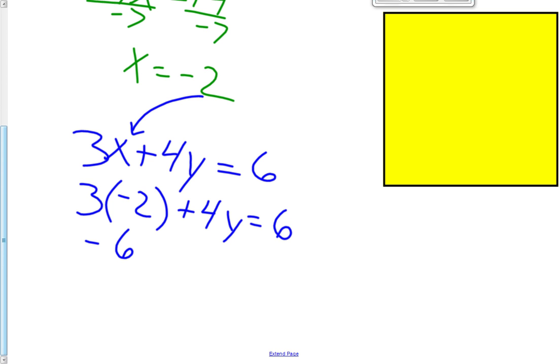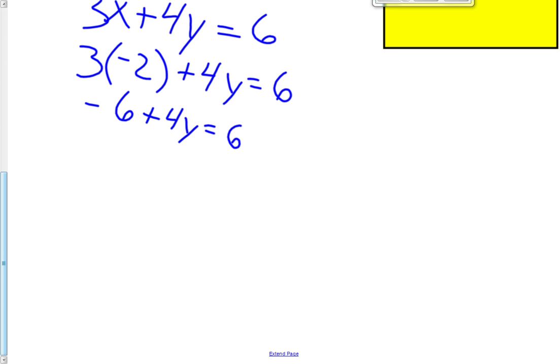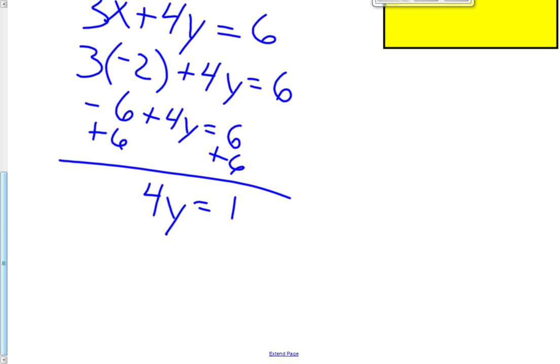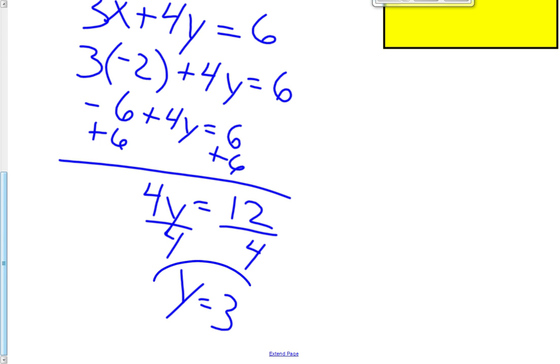So a negative 6, because 3 times a negative 2 is negative 6, plus 4y equals 6. Add 6 to both sides of the equation to get 4y all by itself, and we get 12. Divide both sides by 4, and we get y to equal a positive 3.